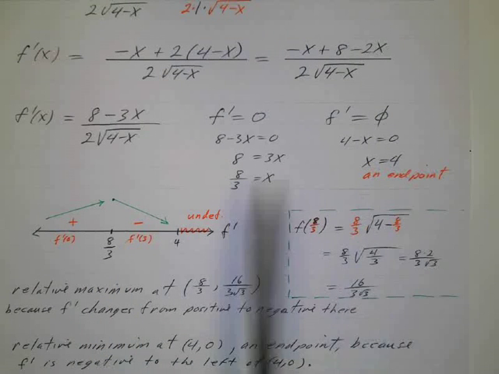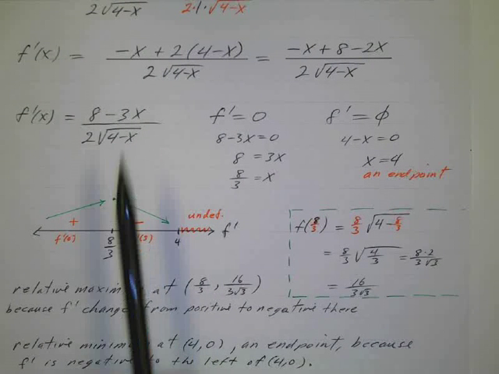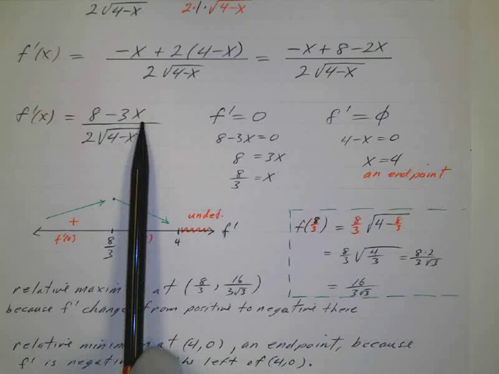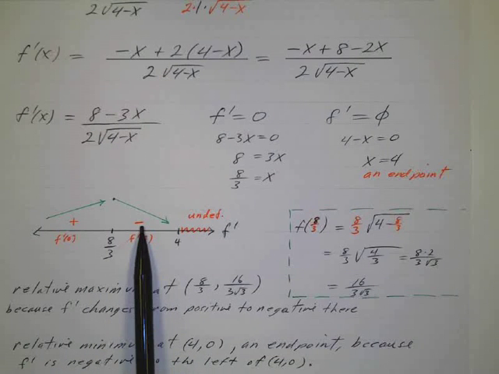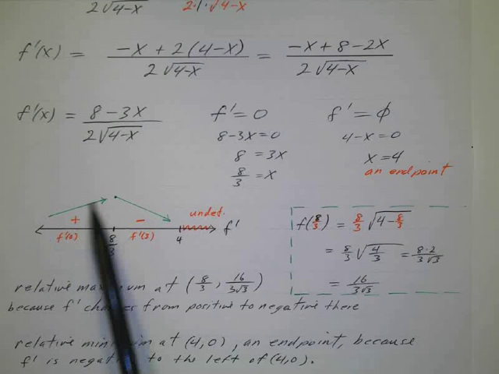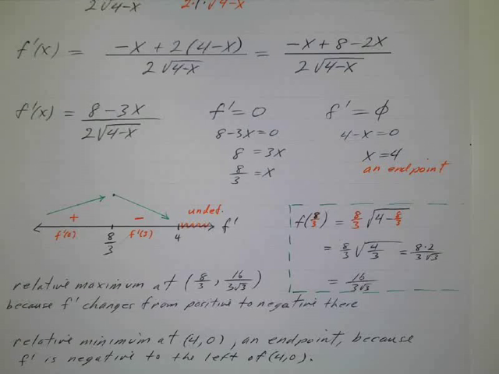These are my two critical numbers, one being an endpoint. So this is what's happening with my derivative. It's positive, so my function is increasing, and the derivative is negative, so my function is decreasing.